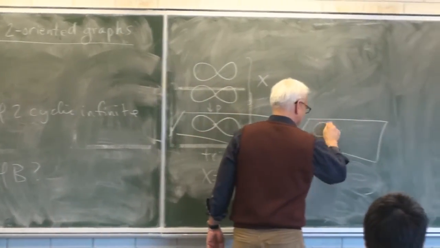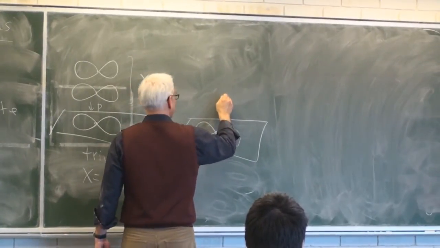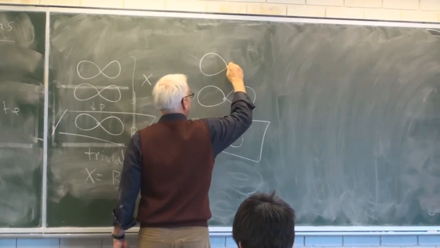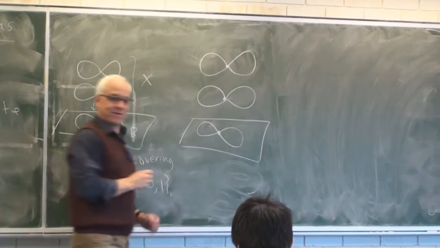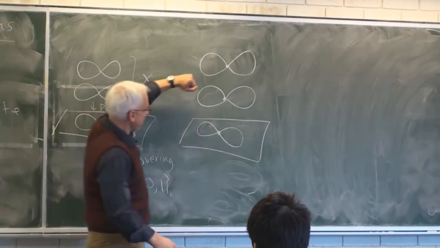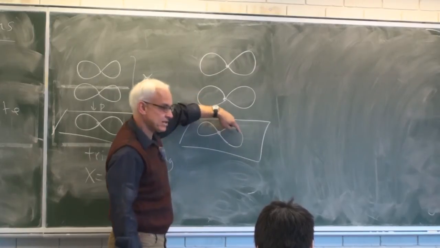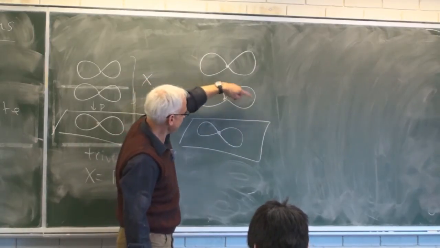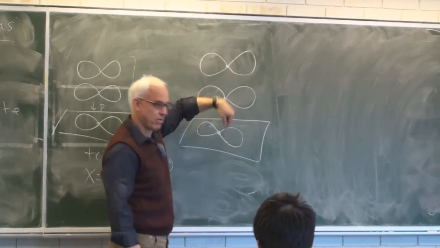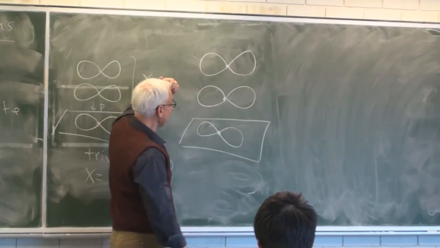To make something a little bit more interesting, we could do a variant. We could have our base space here, and we'll take these two copies of B that we had up here, and modify things a little bit by thinking of a double covering of one of these circles. So instead of having two circles covering this one, we'll make these two circles a double cover, like a helical double cover. How could we do that?